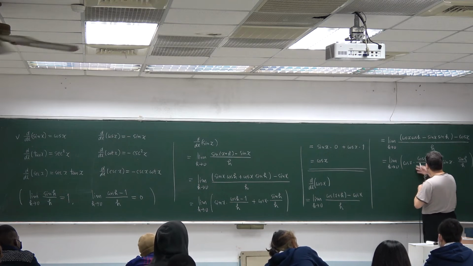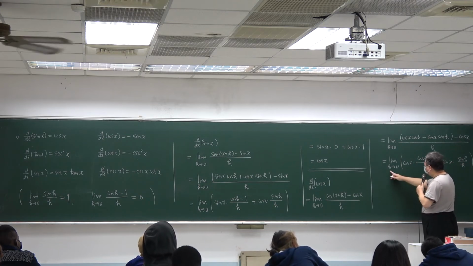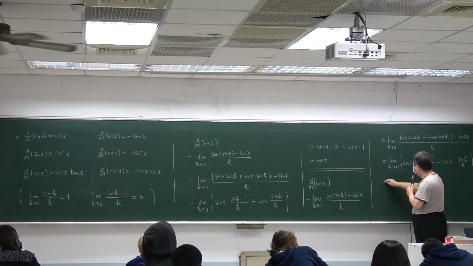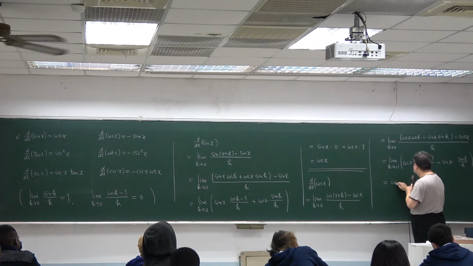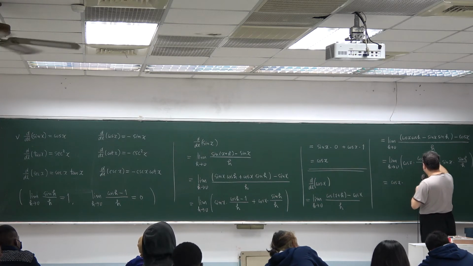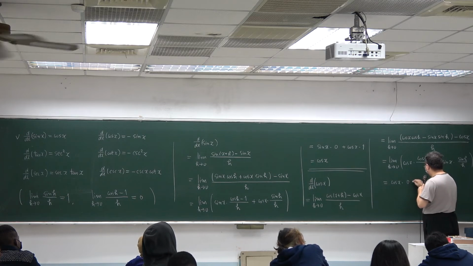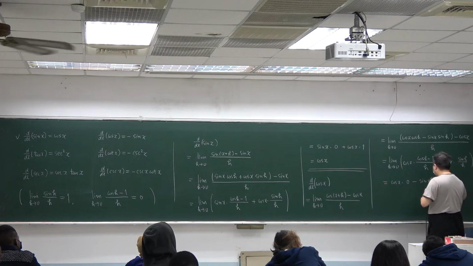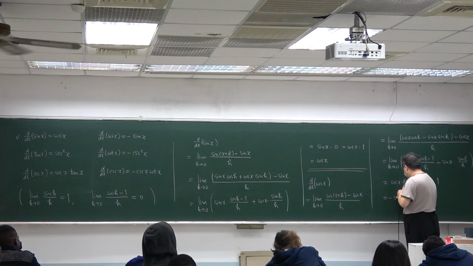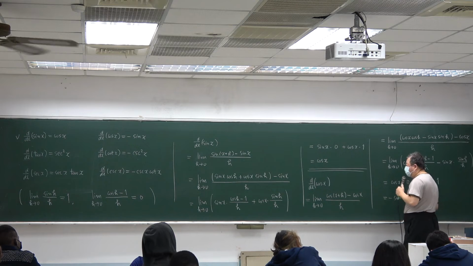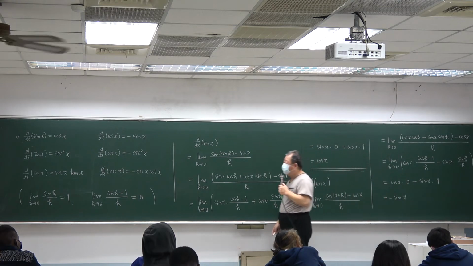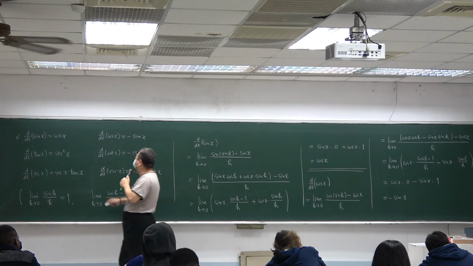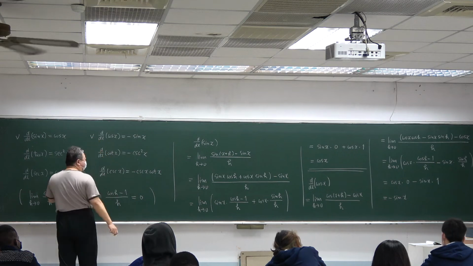Since the limits of this one and this one exist by the limit theorem, this is cosine x times this limit, which is 0, minus sine x times this limit, which is 1. So this one is also derived.